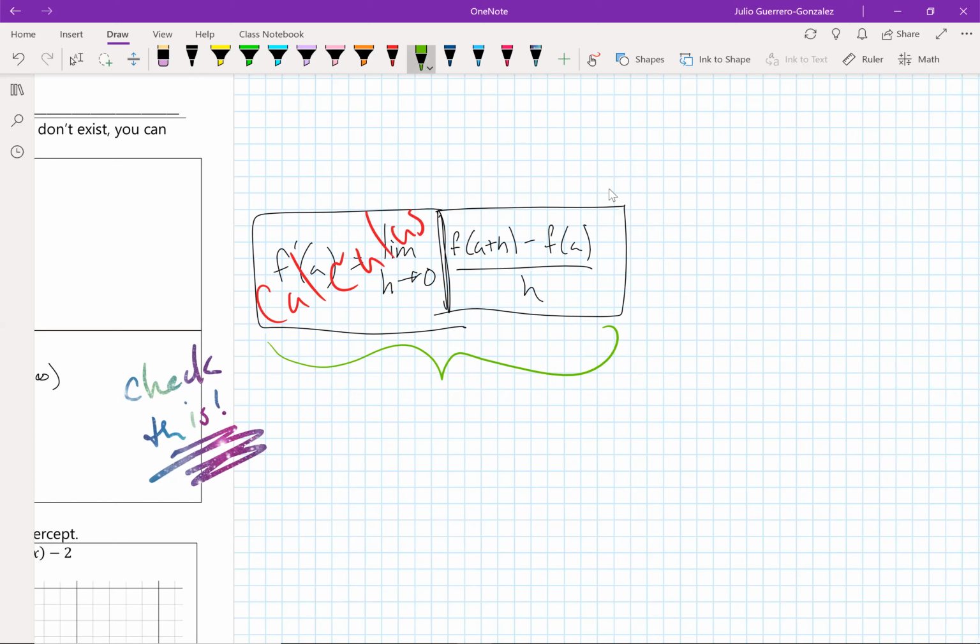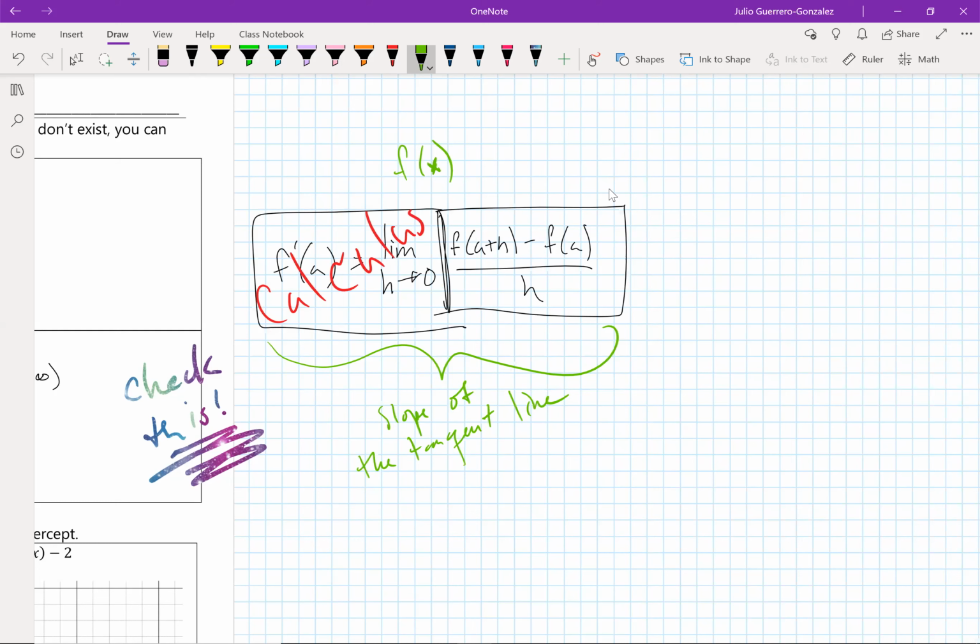So this whole thing, right? Suppose you have a function f of x. Suppose you want the slope at any point.